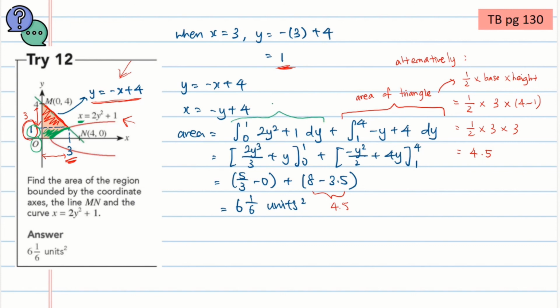I'll just label this loosely as the green area. Then I do my integration and substitute in the values, and my final answer will be 6 and 1 over 6 units squared. I hope that you are able to understand this solution. I challenge you to think about this area in a different manner and see whether you are able to get the same answer or not.